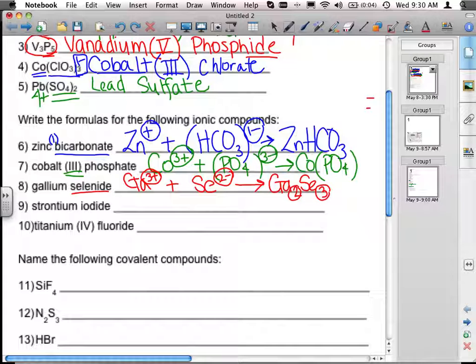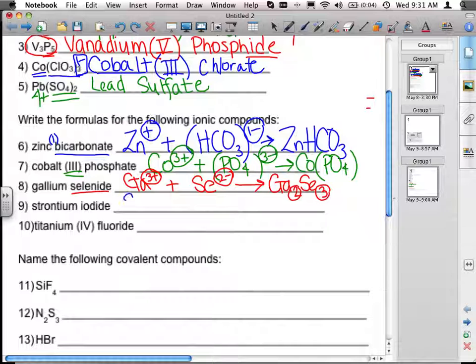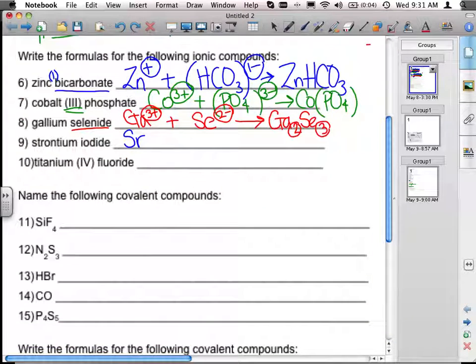Strontium iodide. Strontium is found with the symbol of Sr. Go to my periodic table to figure out what the charge is. Strontium is found right here, +2 charge.